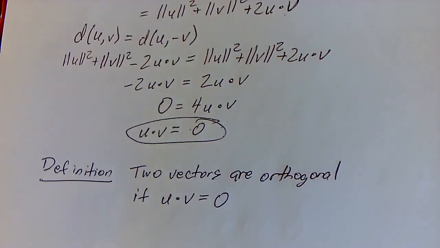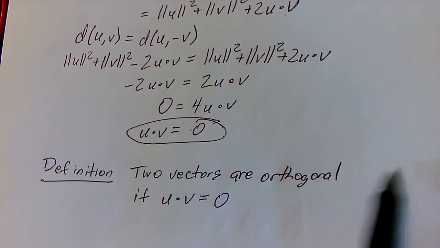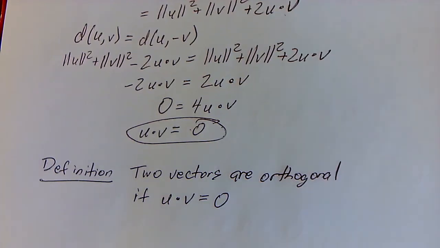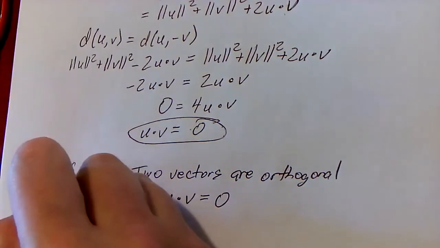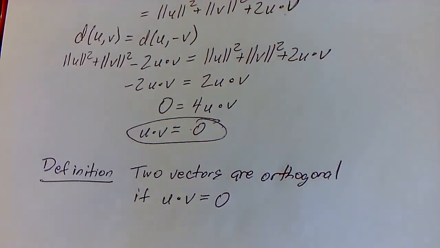We didn't say it here, but they're orthogonal to each other. That would be a parenthetical. It's not needed to say 2 vectors are orthogonal. When you talk about orthogonality, you are talking about the relationship between 2 vectors. So one vector cannot be orthogonal, because orthogonality has to do with the relationship between 2 different vectors.